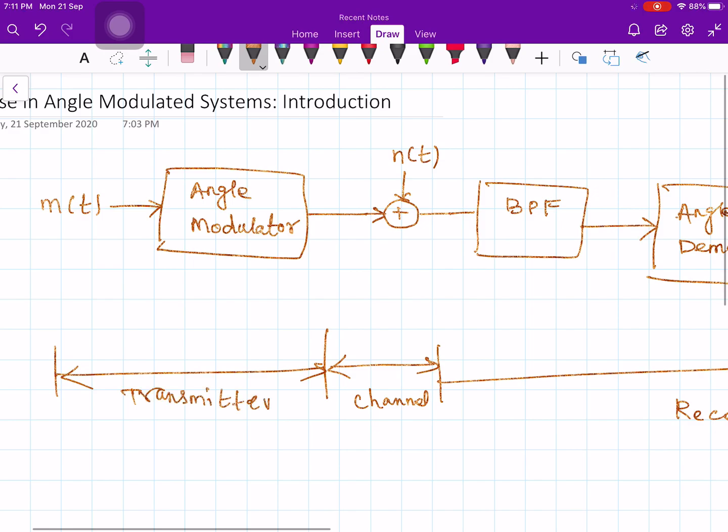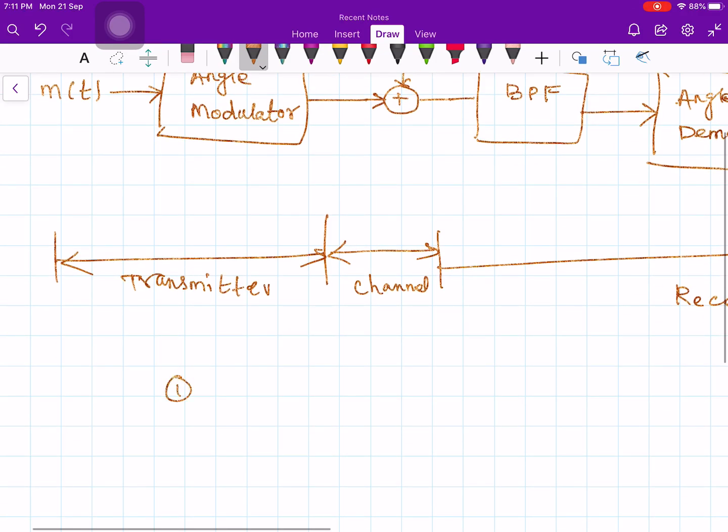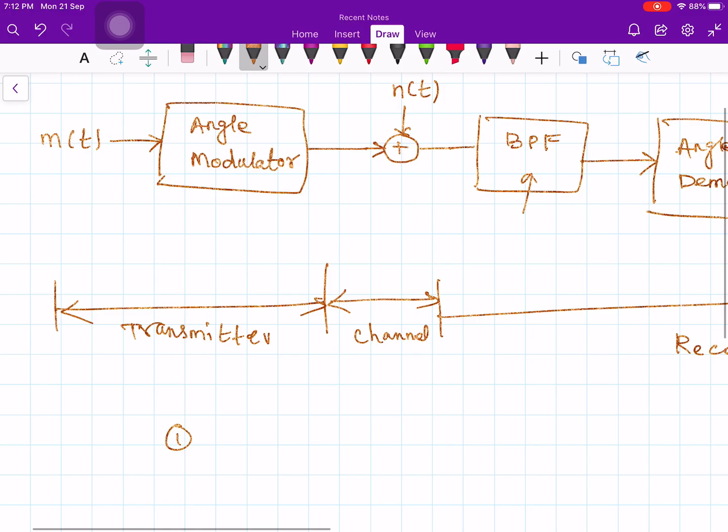Now the important point is that we cannot proceed exactly the way we proceeded for amplitude modulation, for two reasons. The first reason is that here, what is the bandwidth of the band pass filter? It cannot be 2B.